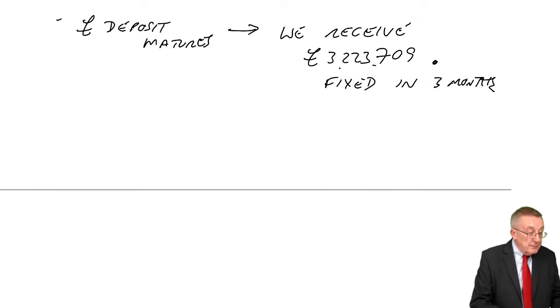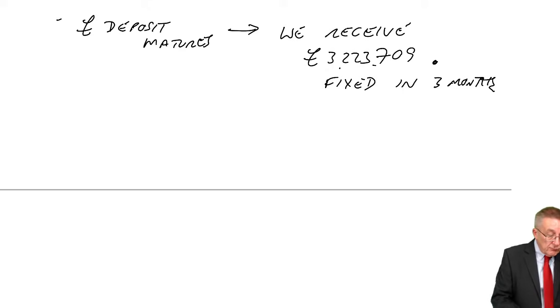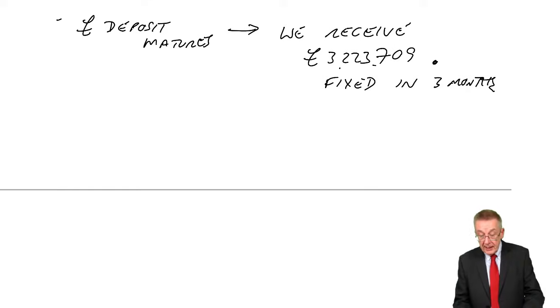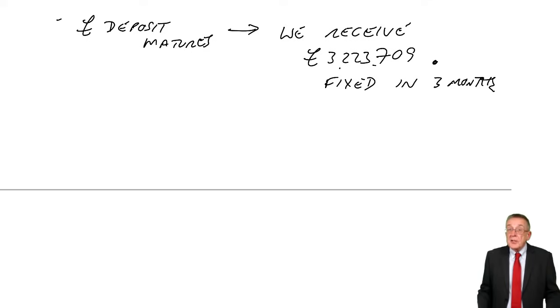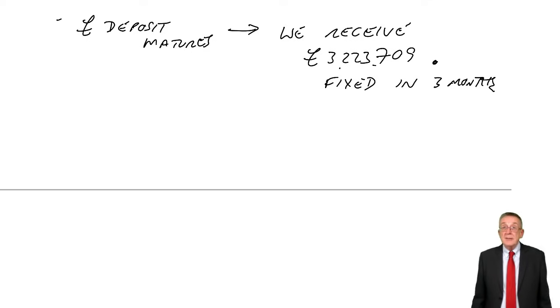And if you look on the formula sheet, and I did mention it in an earlier chapter, you'll see, if I can find my formula sheet, there's a formula right at the bottom of the page. Where is it? I've lost my formula sheet. But right at the bottom of the page, you've got a formula for purchasing power parity, which we explained. S1 equals S0 times blah, blah, blah. But there's also the interest rate parity formula.